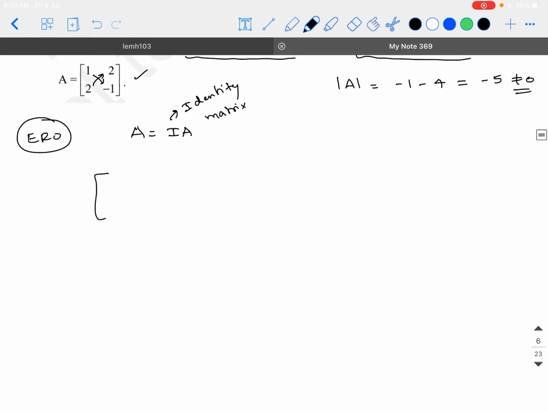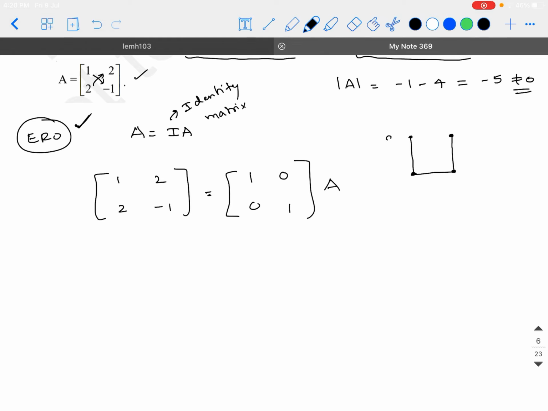So A is [1, 2; 2, -1], equal to the identity matrix [1, 0; 0, 1] times A. Whenever you are doing elementary row operations for a 2 by 2 matrix, the technique is to solve in this particular order.